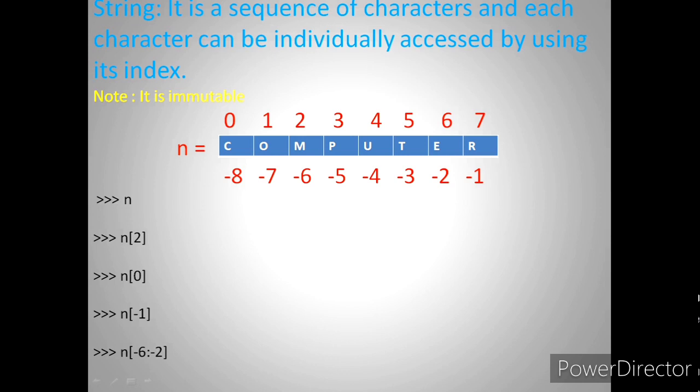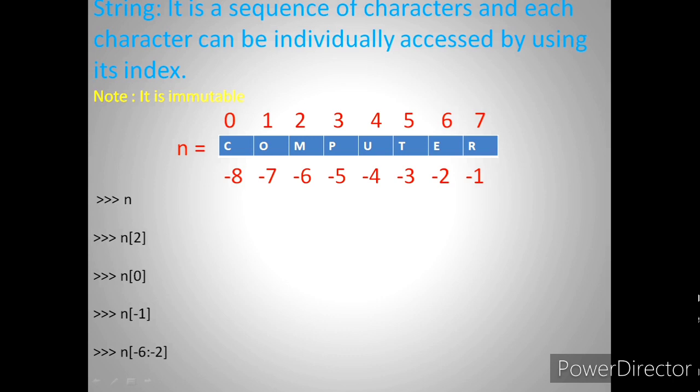You have to keep it in mind. Whereas the indexing of the characters for a string starts from 0 onwards, that is, the assignment of index 0 is taken from the left hand side, and it proceeds further.